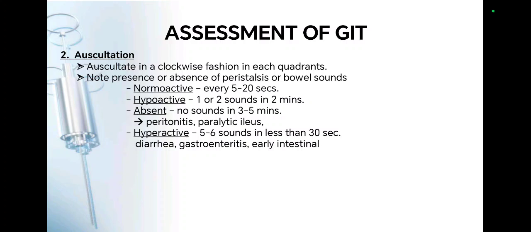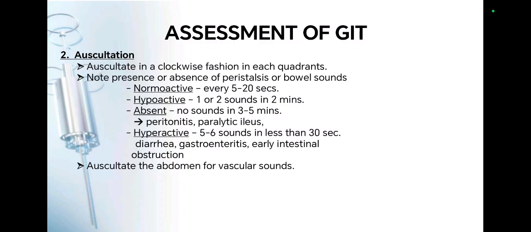Absent, if there are no sounds in 3 to 5 minutes, with a maximum of 5 minutes of listening. It may suggest peritonitis or paralytic ileus. And for hyperactive bowel sounds, you may auscultate at least 5 to 6 sounds in less than 30 seconds. It may suggest diarrhea, gastroenteritis, or early intestinal obstruction.